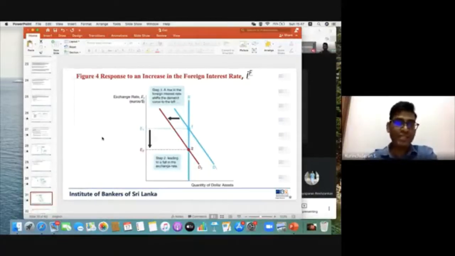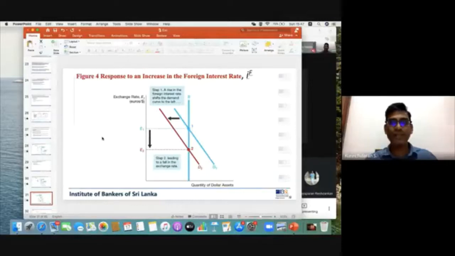Okay, second, we discussed three factors. One is the domestic interest rate. The second is the foreign interest rate. It's the other way around. Just think that nothing has changed with the US, that's our domestic.